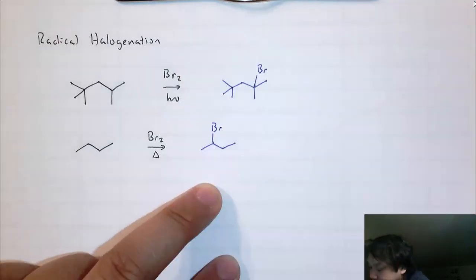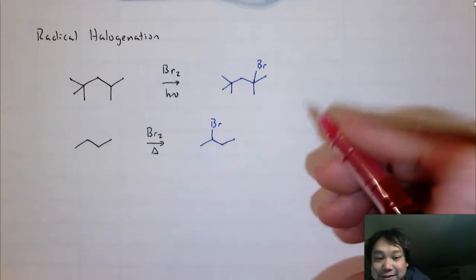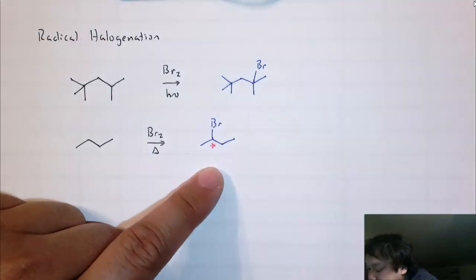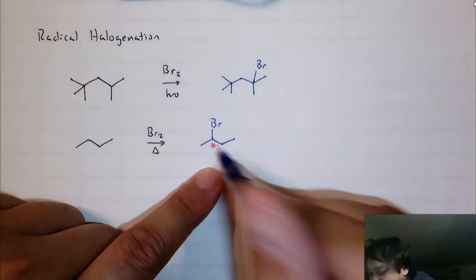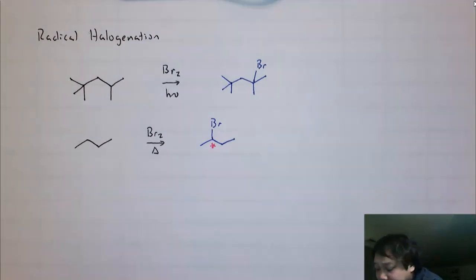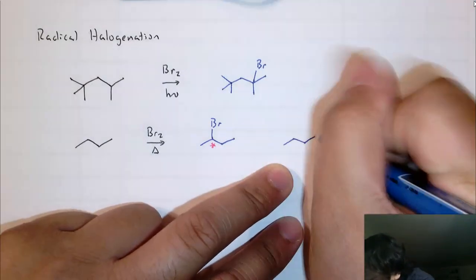Okay. What I notice in this case is that we created a chiral carbon. So in actuality, because there's a radical here, and we'll go through the mechanism in just a bit, that bromine could have come from the front or back. So really, my final answer would be this.